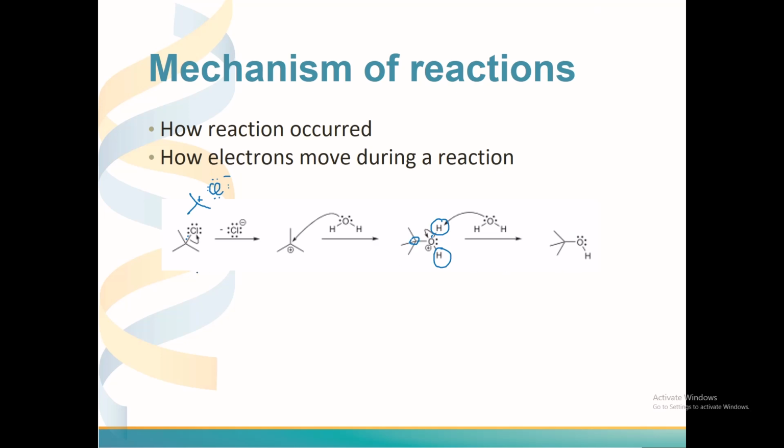So what you might want to understand from this reaction is that first, an arrow always goes from electrons towards something. It could be a bond, it could be a carbon, it could be an atom.